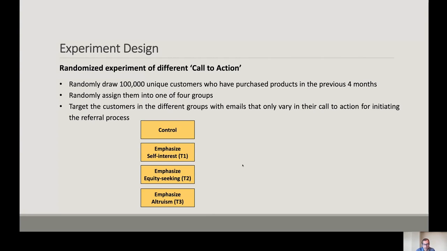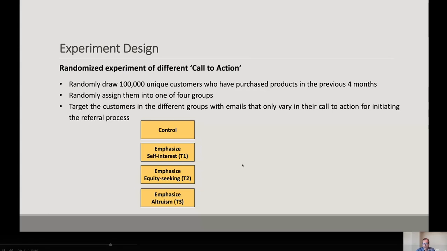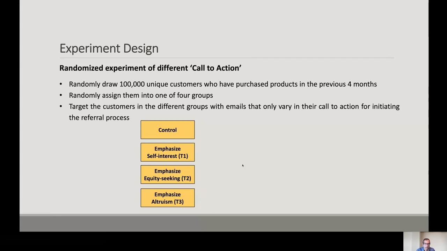On the other hand, the messaging may emphasize equity seeking, which means that the messaging says that both you and your friend are getting something out of this. And the final part is the messaging can emphasize altruism, which is the fact that your friend is going to get something out of this, right? And of course, the control group does not seek to emphasize any particular kind of messaging.